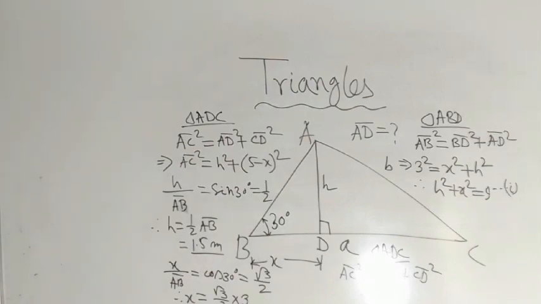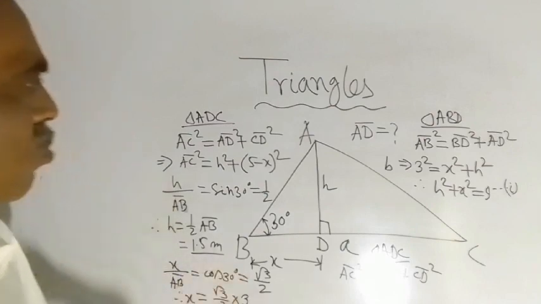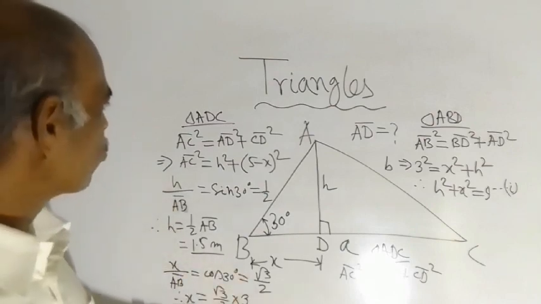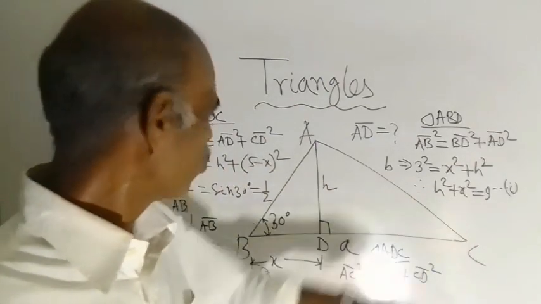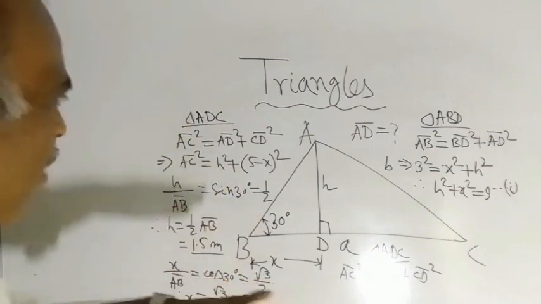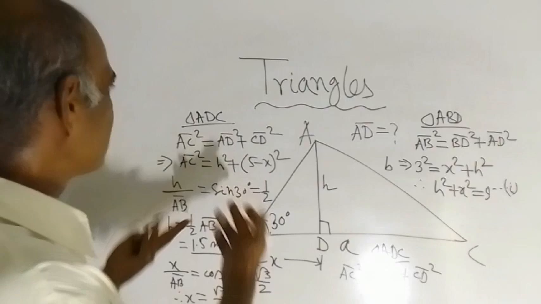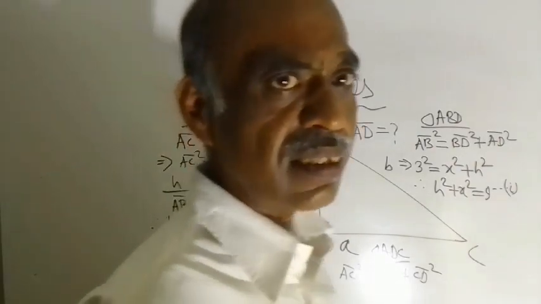Again, there is a problem. The lowermost portion is not visible. Anyway, you can easily solve. Since AB is known, x is known and h is known. Now if we put the values of h and x here, you will easily get AC.